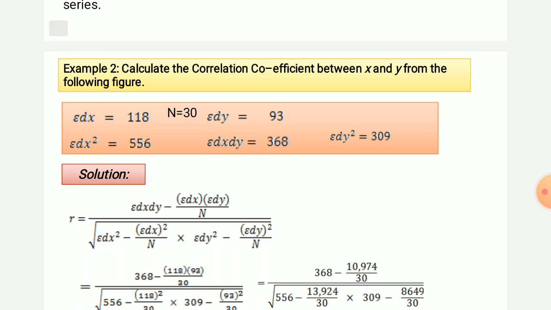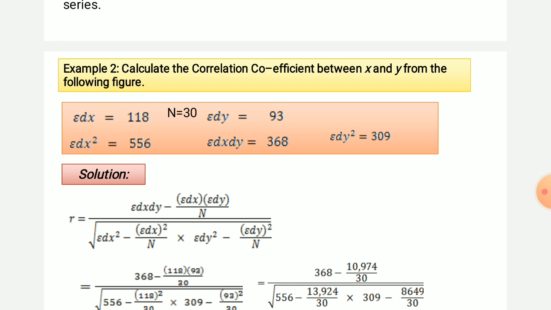Now take the second problem. Calculate the correlation coefficient between x and y from the following figures. Sigma dx is equal to 118, n is equal to 30, sigma dy is equal to 93, sigma dx square equals 556, sigma dx dy equals 368, sigma dy square is equal to 309.